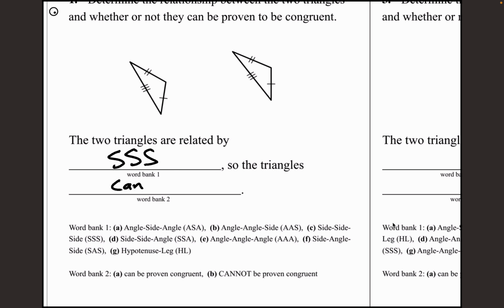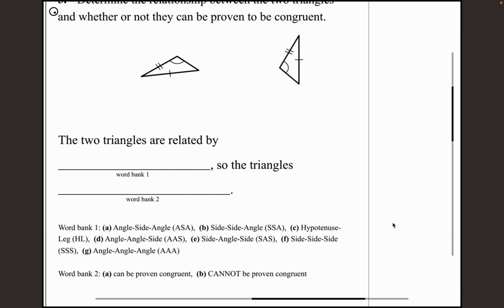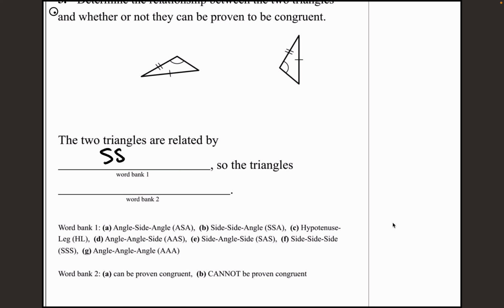Perfect. Let's go to this one. Weston, when we look at this one, what is this an example of? There's 2 angles. SSA. This is an example of SSA.